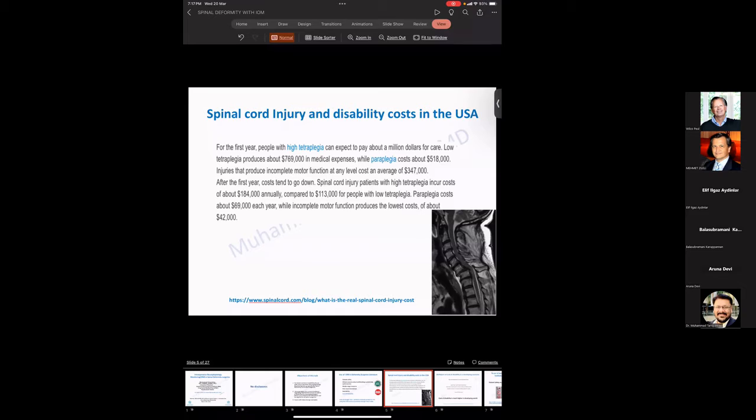So assuming that quadriplegia was preventable for a cervical tumor, that's an alarmingly high cost to society. Even for paraplegia, the first-year cost was $518,000, and in subsequent years the cost for paraplegia is about $69,000 per year. The cost of monitoring, even in the Western world, would not be that much compared to the cost that would come back to society or to the patient if they sustain paraplegia or quadriplegia during surgery.